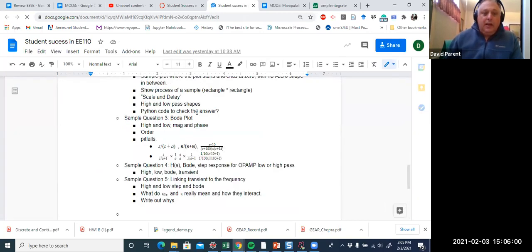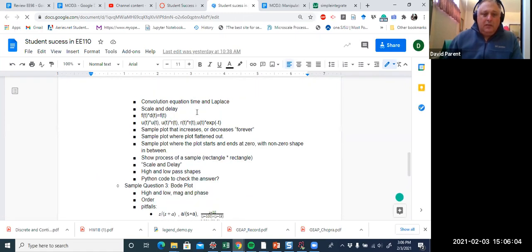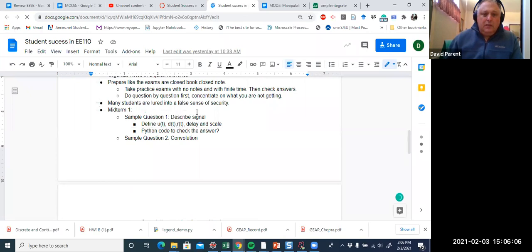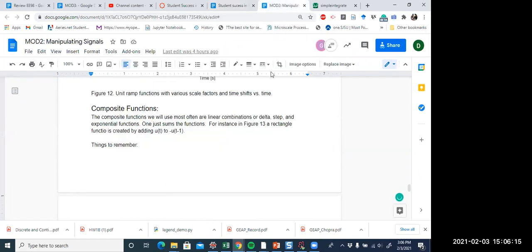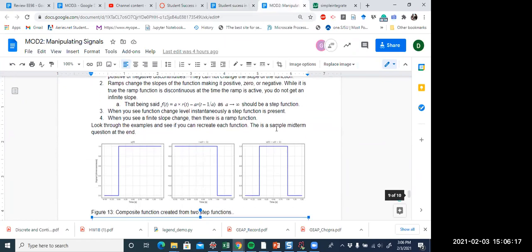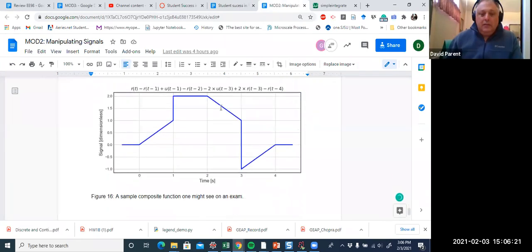I've kind of outlined the midterm already. And so, like I said last time, sample question 1 is really something like this, and you have to tell me what it is.